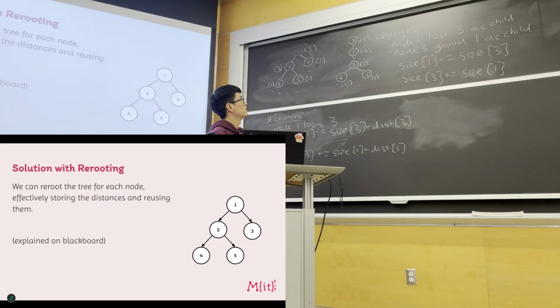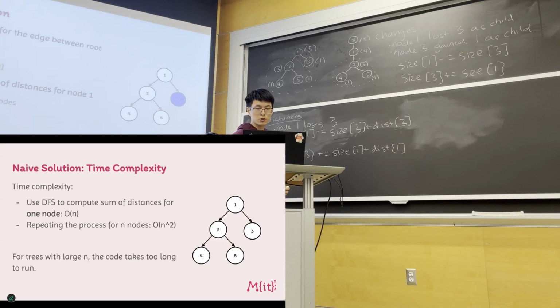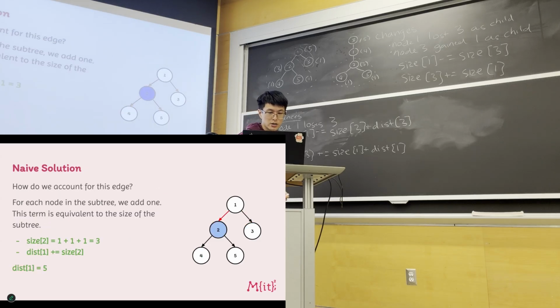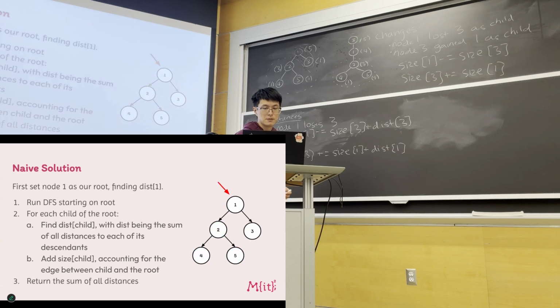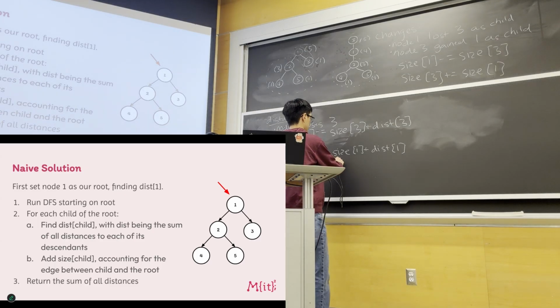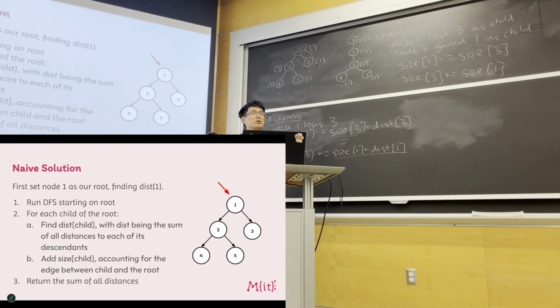So I guess first, do people understand why for each child of the root we want to, this is our update function, where we add the size and the distance of a child, that's the contribution of a child to its parent.